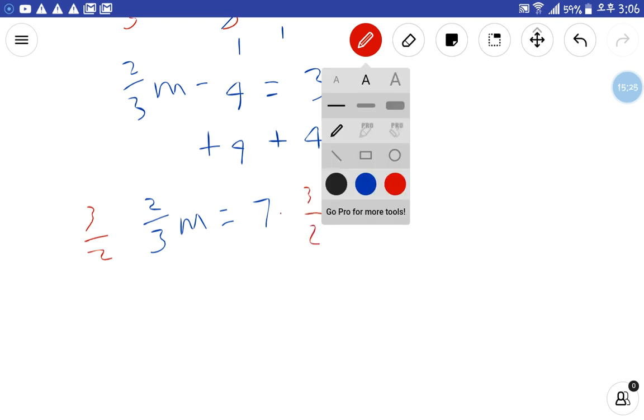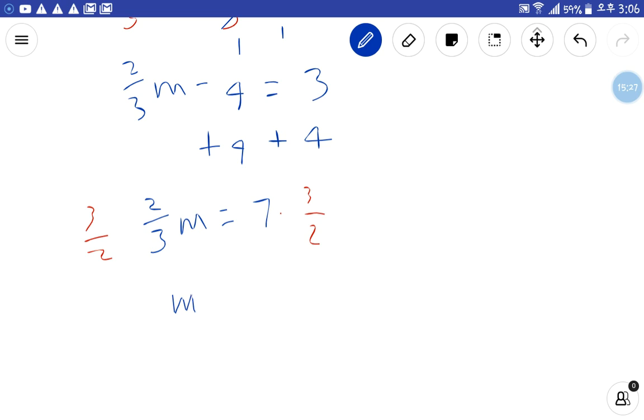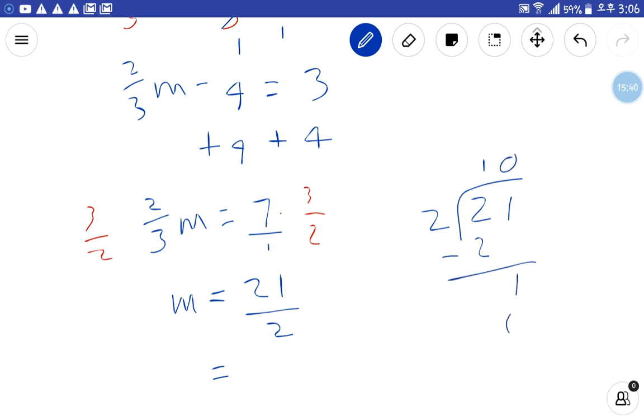So then you can cancel, which becomes m equals 21 over 2. How do we know it? Because 7 is 7 over 1. Now what? 21 divided by 2. It will be 10, with remainder 1, so that I have 1 over 2. 10 and a half. That will be the answer.